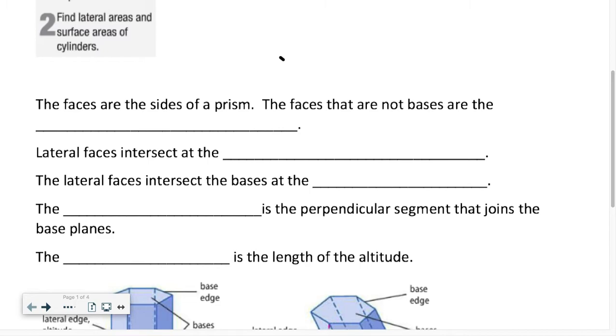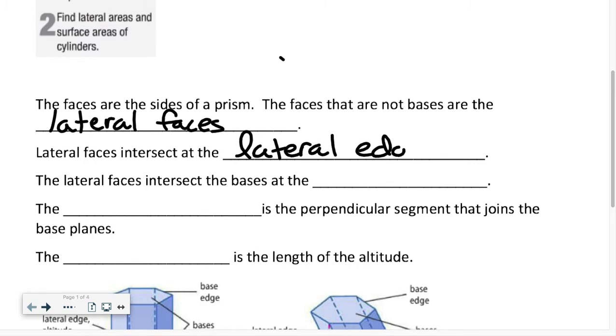These are the sides that are not the bases. Okay, lateral faces intersect at the lateral edges. Lateral faces intersect the bases at the base edges.